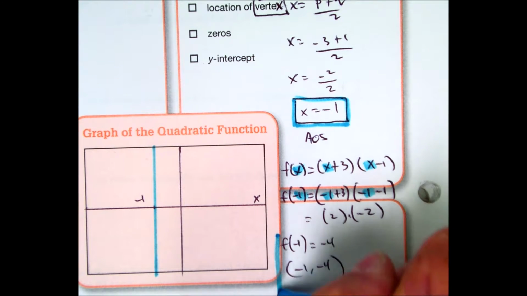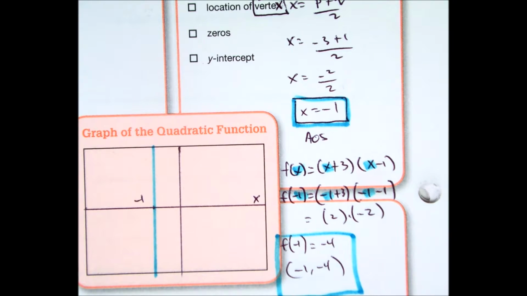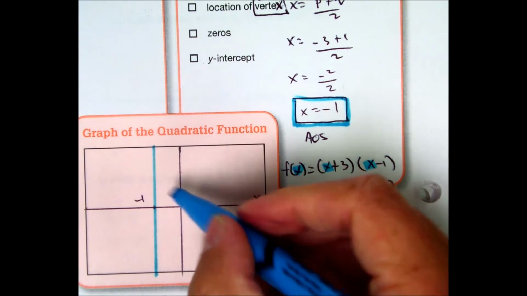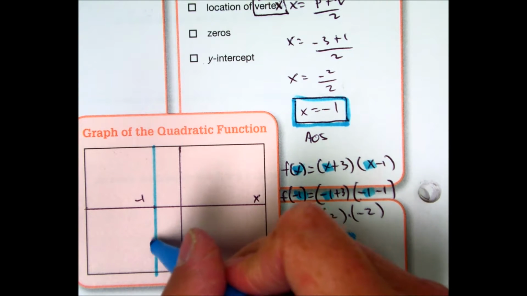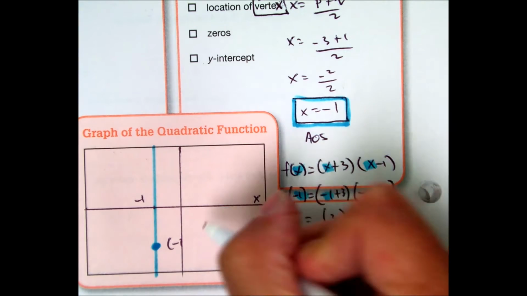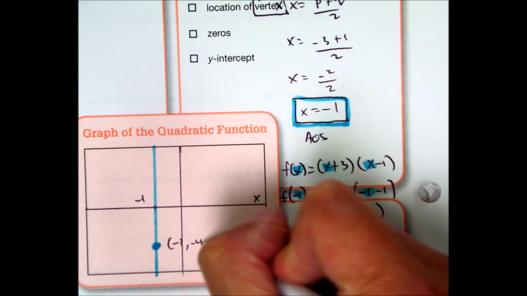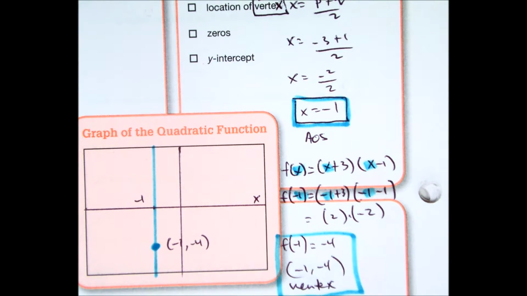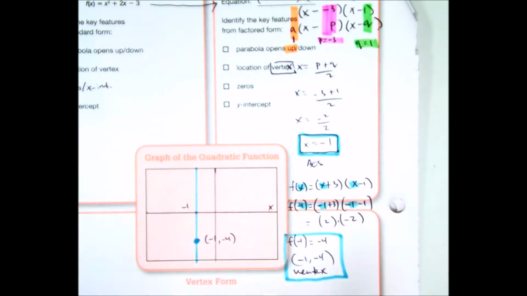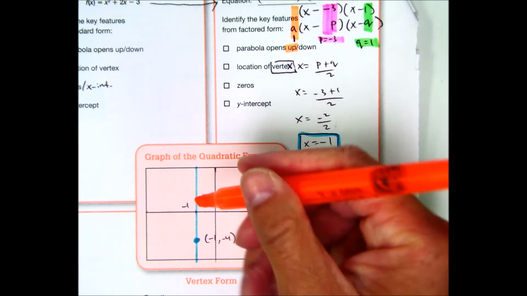The vertex. Melissa says always negative 1, negative 4. Class, does that graph open up or down? We said up, so let's graph it in orange.